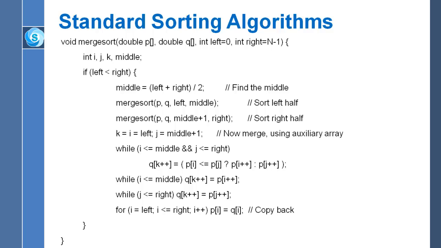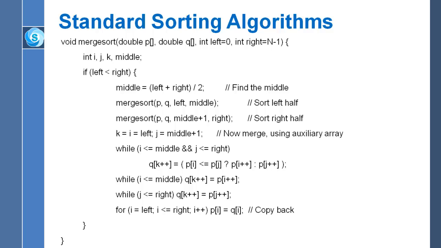Okay, but as soon as one of them goes too far, it means you've run out of entries to copy from either the left half or the right half. Okay, think about it. Eventually you're going to run out of entries to copy into the auxiliary array from the left half or from the right half. Okay?